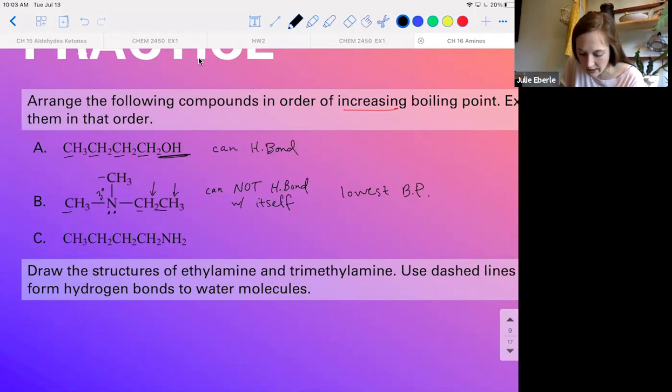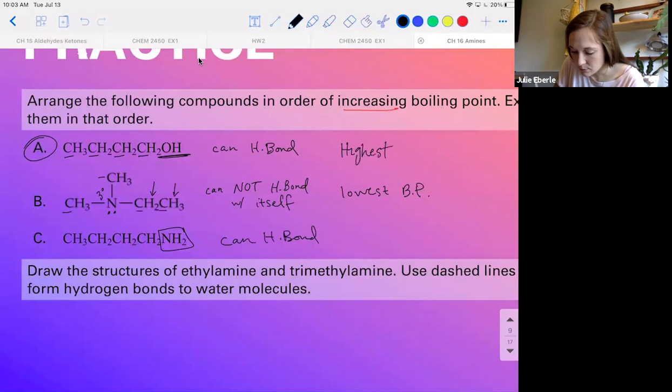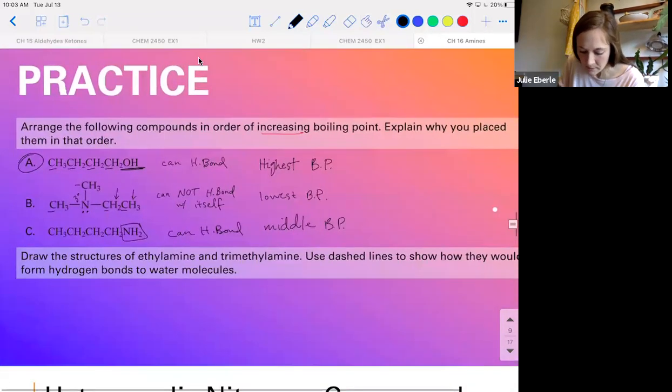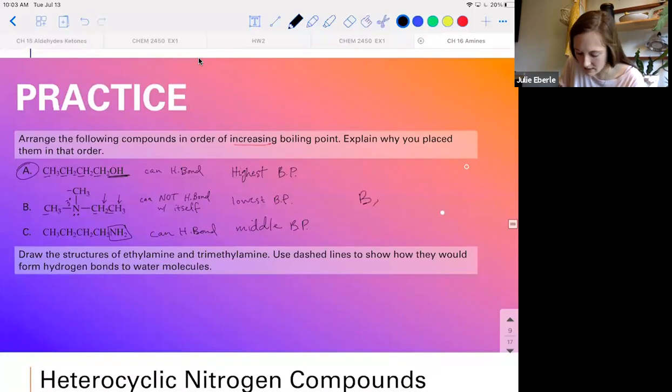This one also can hydrogen bond. But we said in the slide before that the hydrogen bonds for alcohols, so A here is an alcohol, are always stronger. So this one will have the highest boiling point, and this one will have the middle boiling point. So if we're going to put these in order, it would be B, then C, and then A would have the highest.